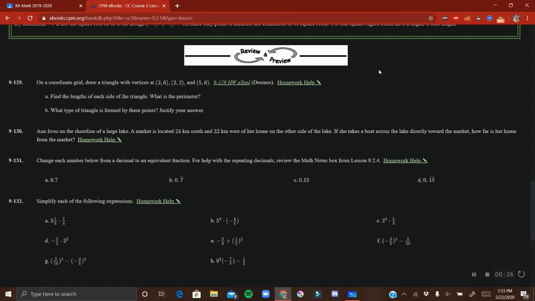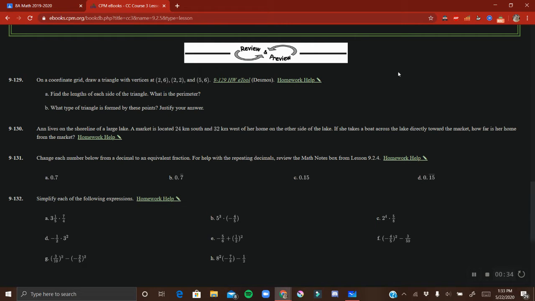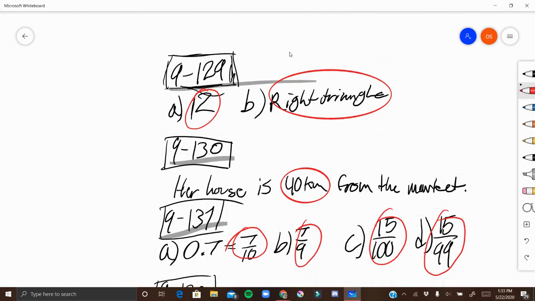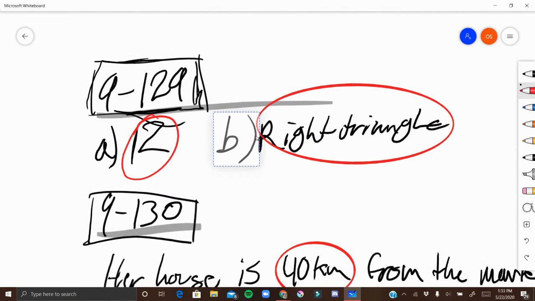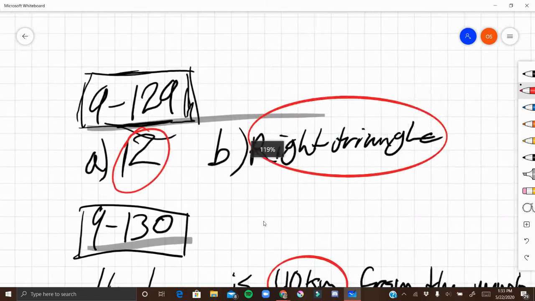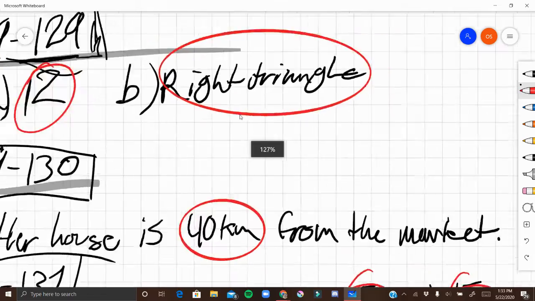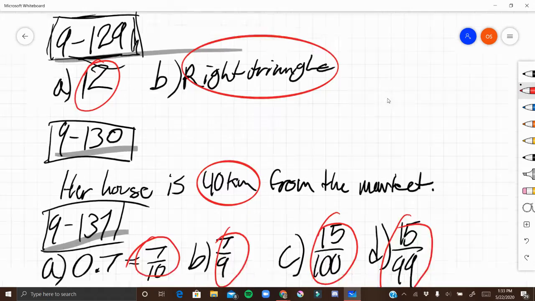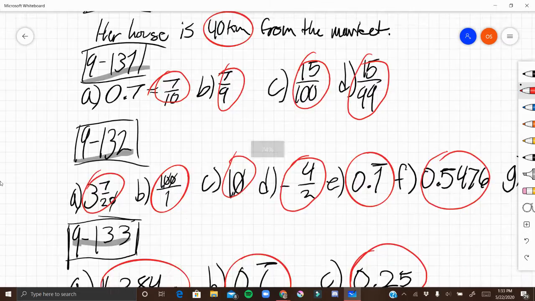You can put the coordinates as 6, 5, 4, 3, 2, 1, and then 1, 2, 3, 4, 5, 6, whatever, and then it'll form a right triangle, sort of sideways like that. You see where my mouse is pointing? It's like that. But for the answers, A is 12. B is a right triangle. Make sure you justify your answer.